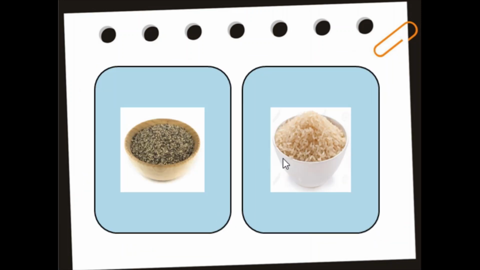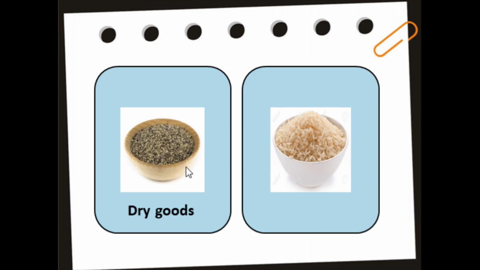Look at these pictures. Let's have the first picture. What kind of good is this? Good job! It's a dry good. Black pepper is an example of a dry good.